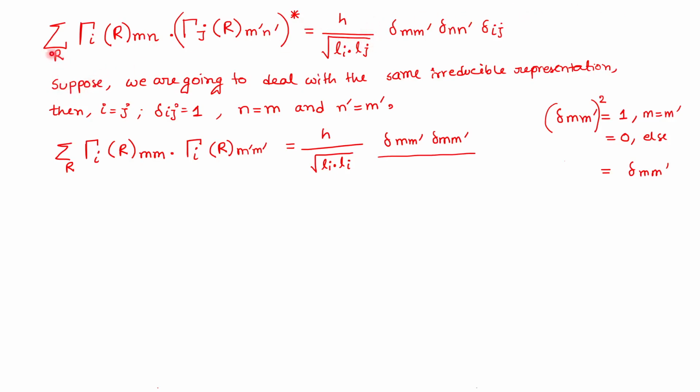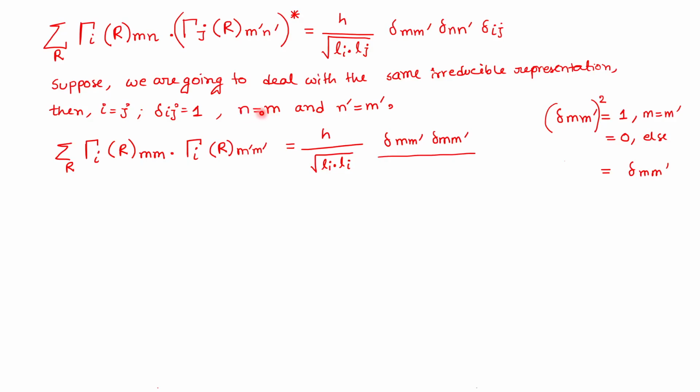So now you think of the same irreducible representation. Suppose we are going with gamma i only, where i equals j. So your delta ij is going to be 1. Also assume that we are going to take only the diagonal elements of our transformation matrices.